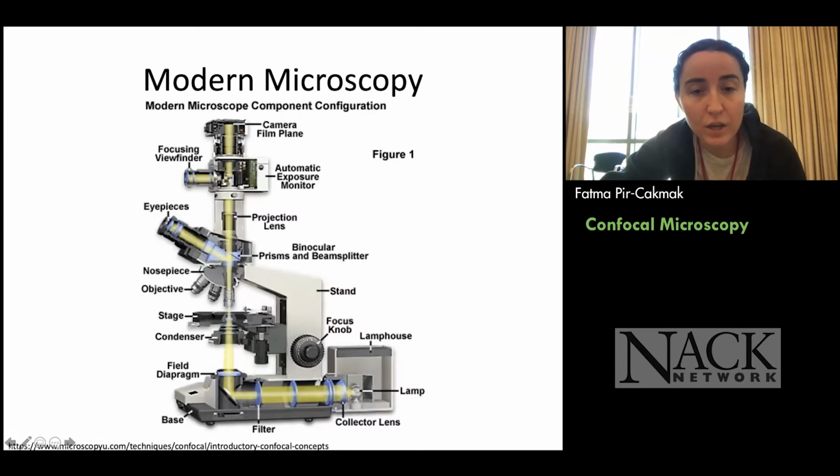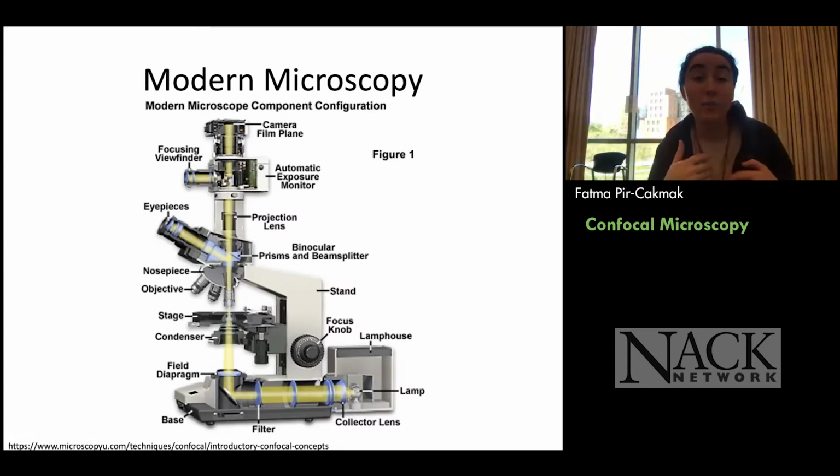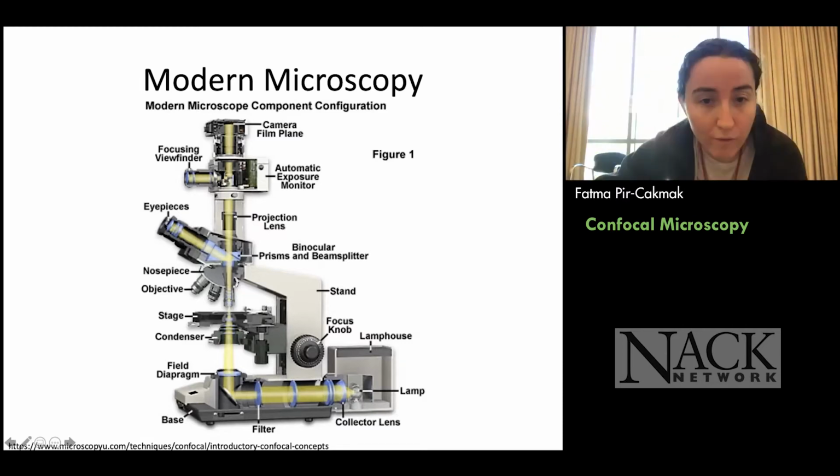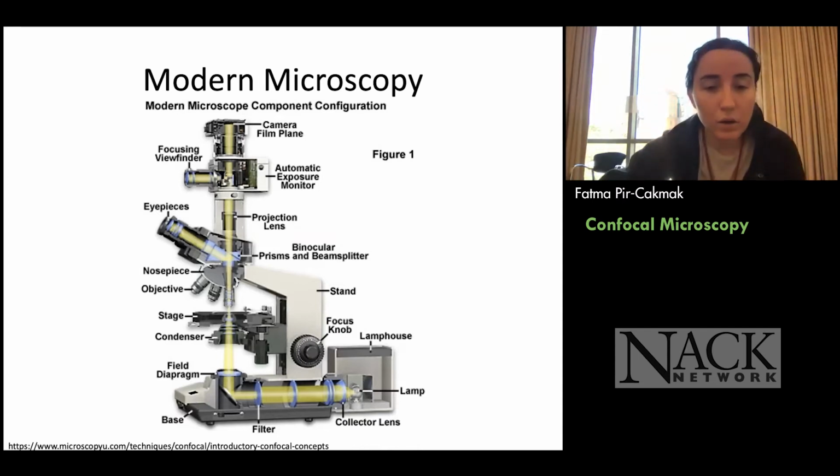This is the stage, and you have all these other parts in the microscope helping you to get a better resolution. You can look at your sample from your eyepiece. You have the objective here, and the objective determines your refractive index and your numerical aperture, which is also very important in determining the resolution you will observe.